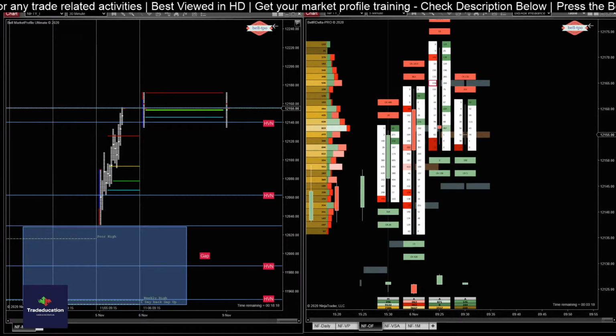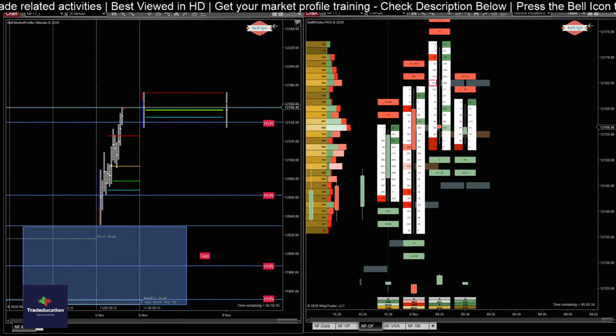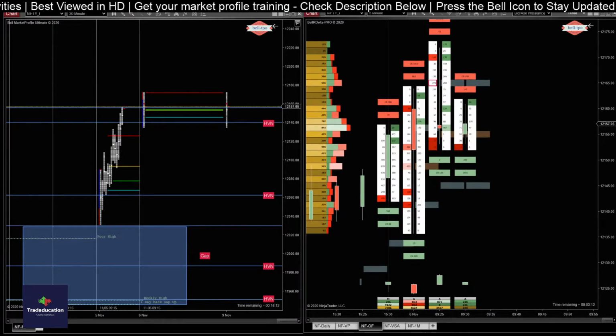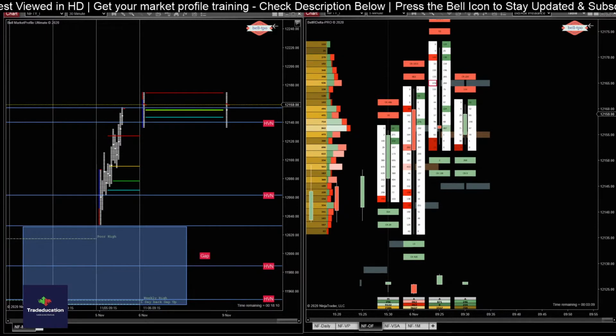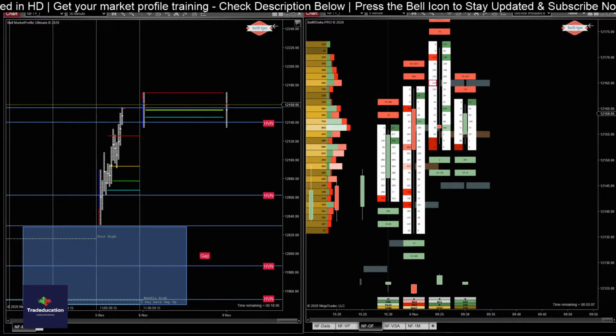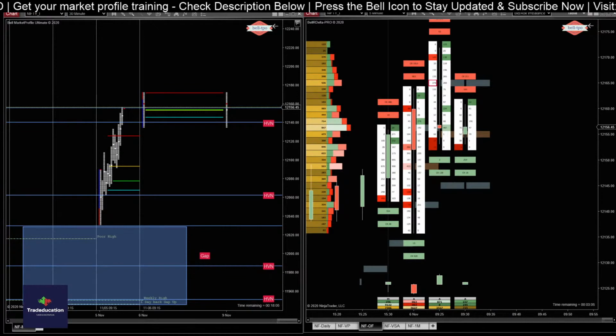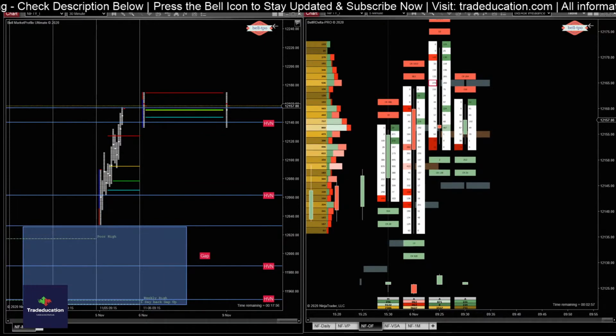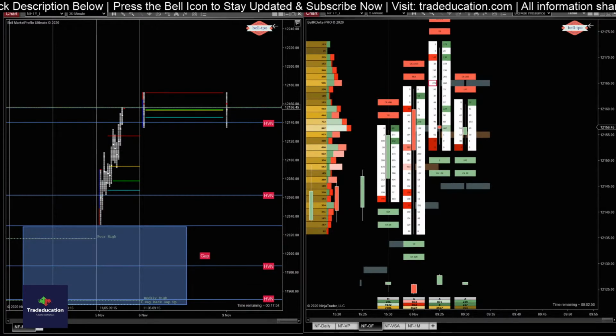Volumes are completely dried out with just 600 volume. And this is an important reference, the high of yesterday, also the close of yesterday, just chopping around those levels. So a lot of uncertainty, there is no clarity in terms of direction, so just stay away.